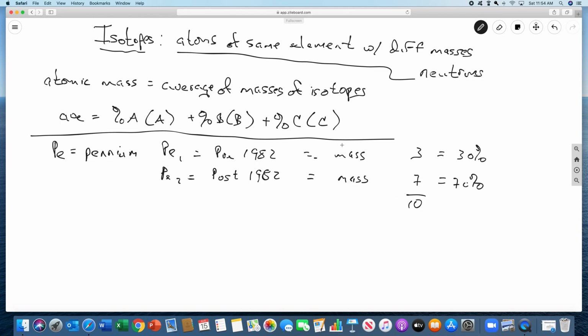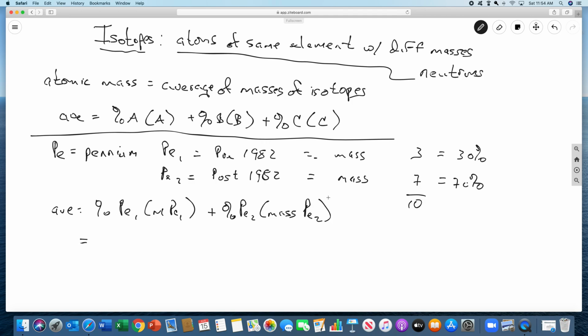And so then what you're going to do, you're going to take the mass of 1 penny and the mass of 1 penny, and then you're going to say the average penny would be the percent of pennium 1 times the mass of pennium 1 plus the percent of pennium 2 times the mass of pennium 2.